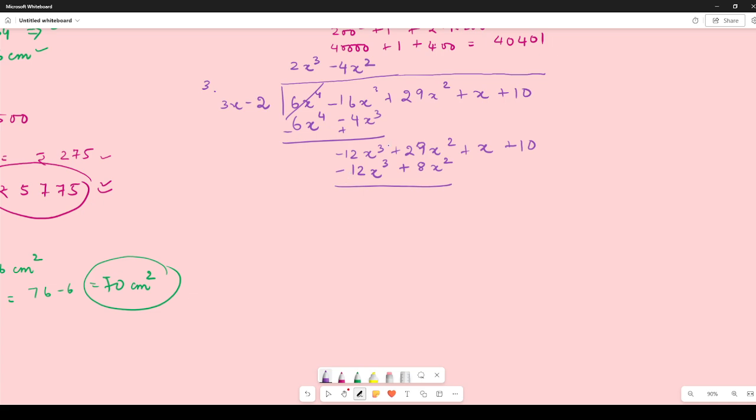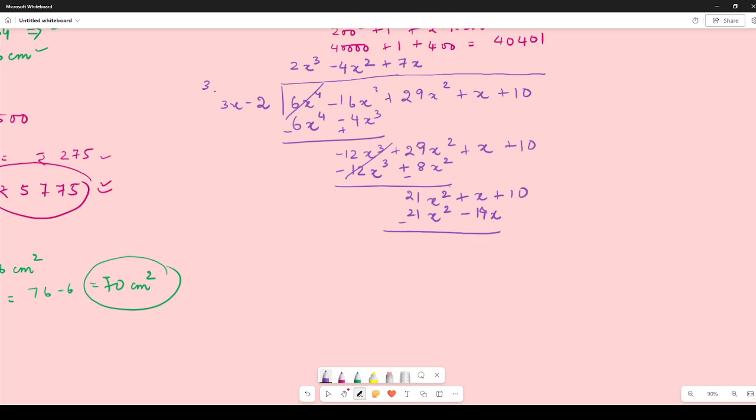Remember, the signs change over here, so this becomes minus, and we are left with 21x square. Now these are again in the first line, so their signs do not change, and we bring them down just like that. Now we have to take away 21x square, so we multiply it with plus 7x. 3x into 7x gives us 21x square minus 14x.